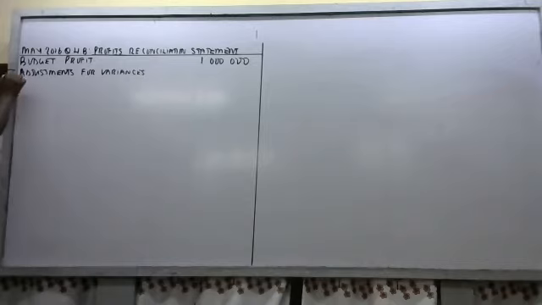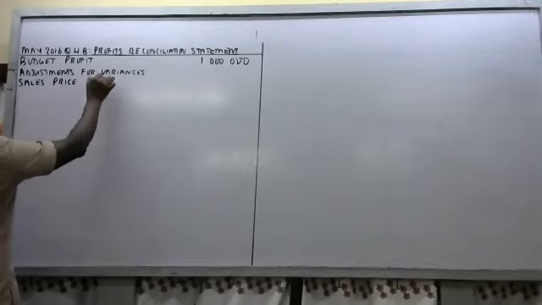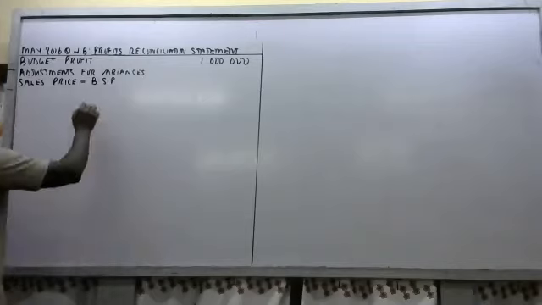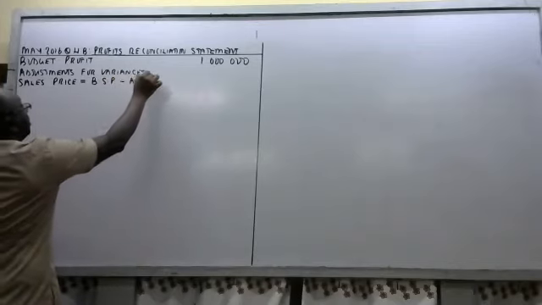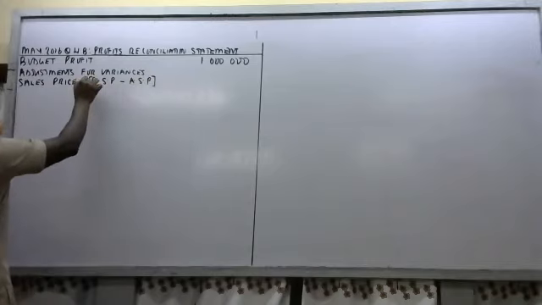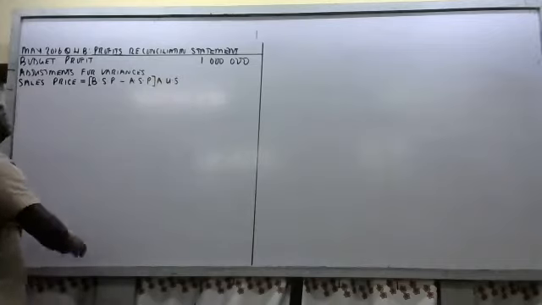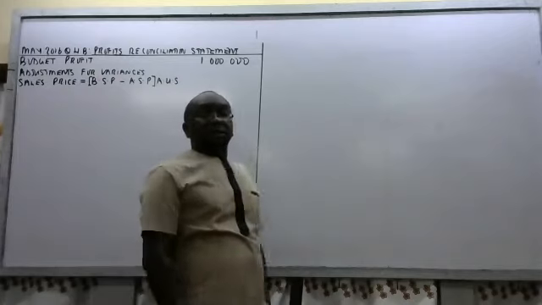Starting with sales price. Now, sales price, we say the formula is budget selling price minus actual selling price, you multiply by actual units sold.